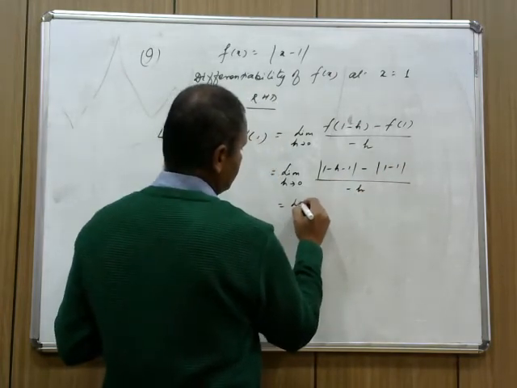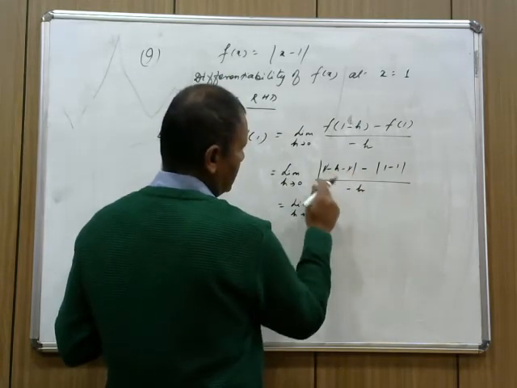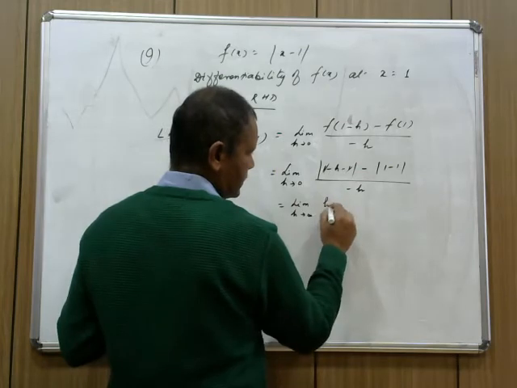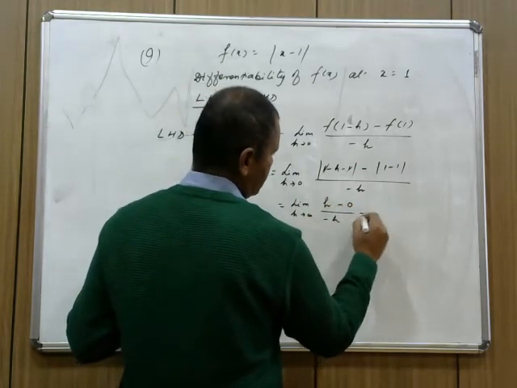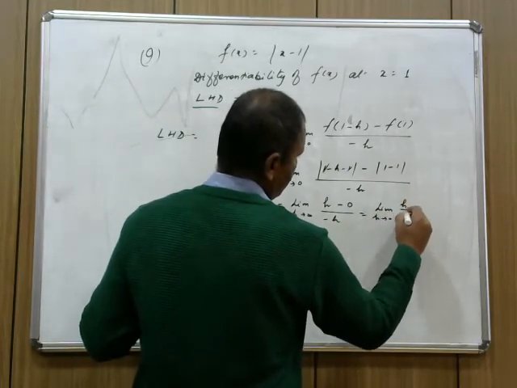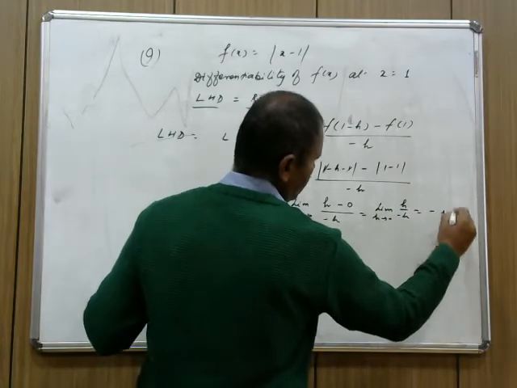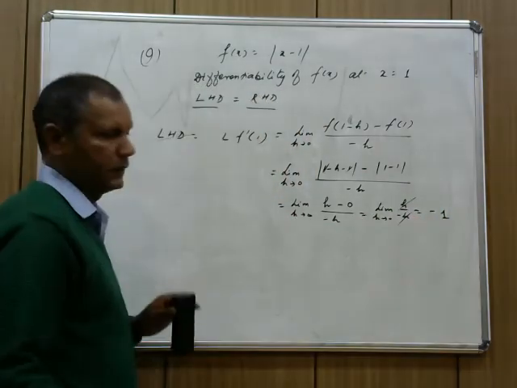This will give you limit h tends to 0, 1 minus 1 cancel, mod of minus h, simply h, minus 0 upon minus h, and that is equal to limit h tends to 0, h upon minus h, which is equal to minus 1. Right?